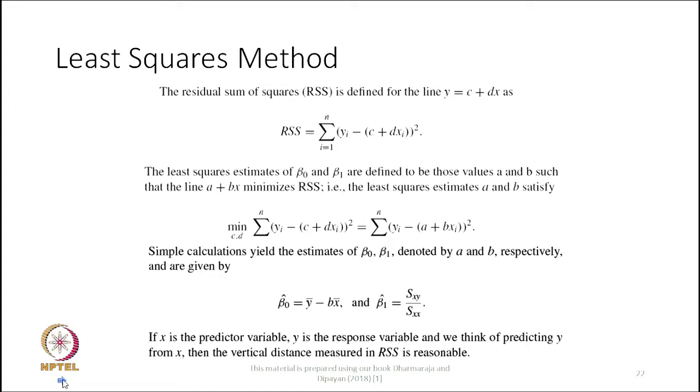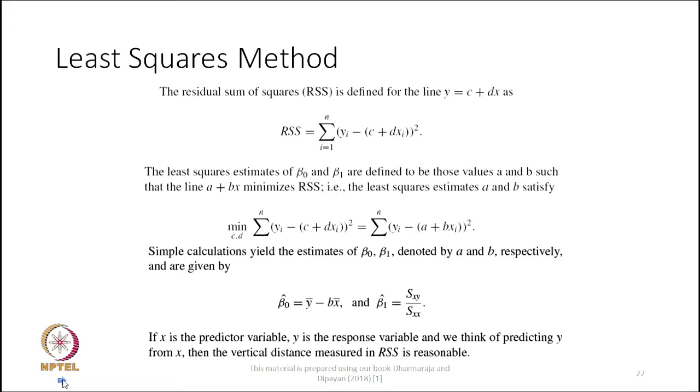Now, we come to the point of how to estimate beta naught and beta 1 whenever they are unknown. You can define the line y is equal to c plus dx, and then you can use the least squares method.